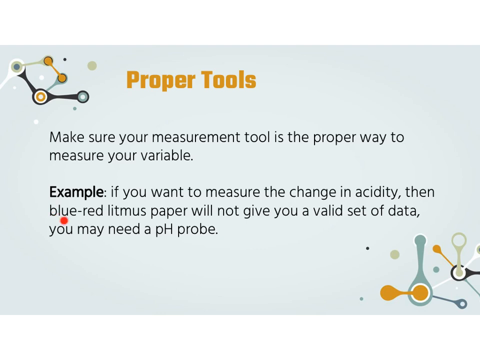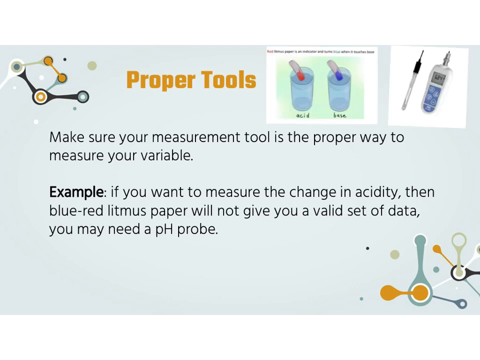Then the blue-red litmus paper will not give you a valid set of data, but you may need a pH probe, which means that using the litmus paper will not give you the measurements that will allow you to monitor the change in acidity, but using the pH probe will allow you to monitor such a change in acidity.